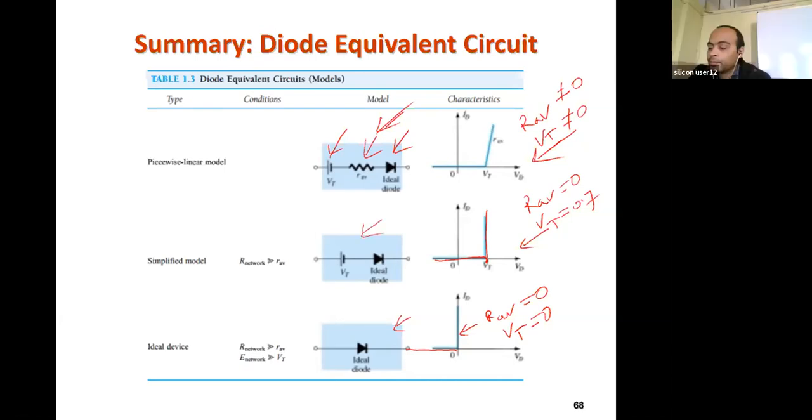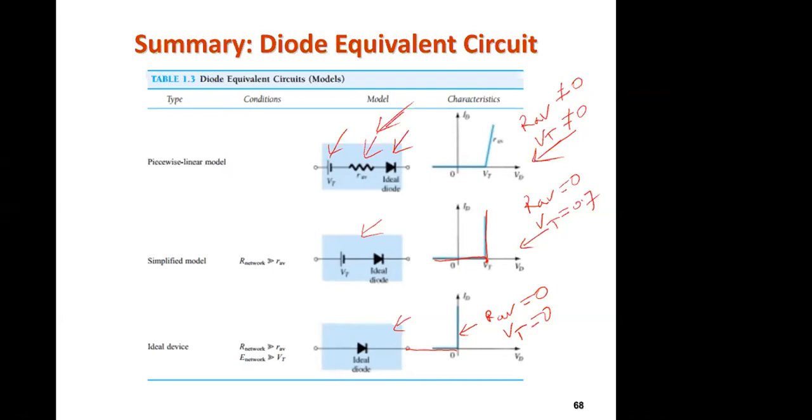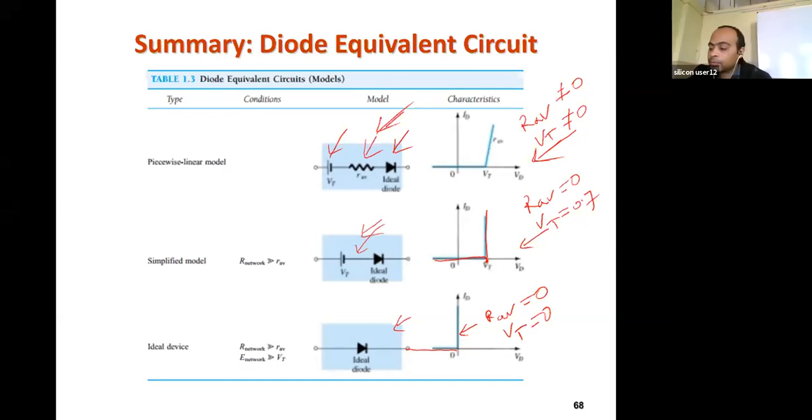Here you see there is no average resistance, or the average resistance is equal to 0. And in the third case, we are assuming that RAV equal to 0 as well as threshold voltage equal to 0. That means it is not providing any resistance, and the threshold voltage is also 0.